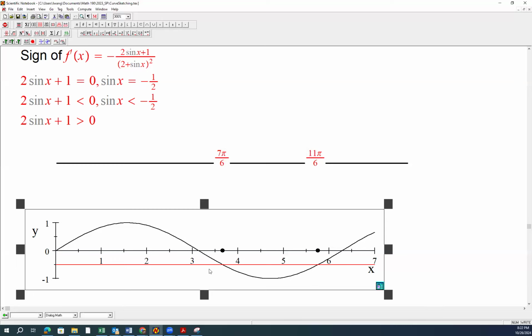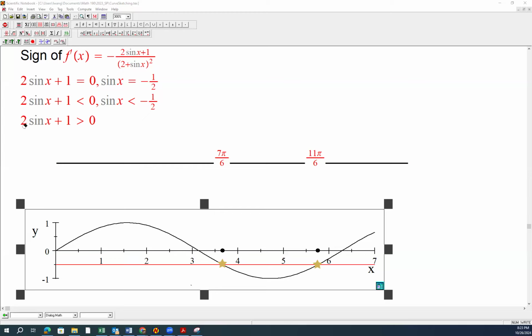This red line is for equal to negative half, and the red will cross at 2 points: this point and this point. The x coordinate of this point will be 7 pi over 6, and the y coordinate would be negative half. Let me mark it for you so you understand. This is when it's equal to negative half.